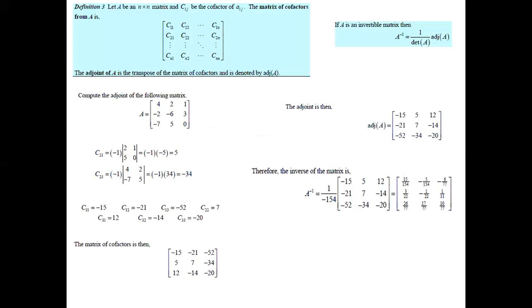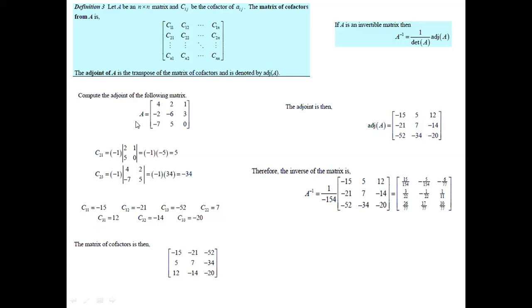If A is an n cross n matrix, that means a square matrix, and Cij are the cofactors, we can write the cofactors as it is written on the matrix on top. You can write this as C11, C12, and so on till Cnn. You first need to calculate the adjoint of this matrix A, and that is nothing but the transpose of the matrix of cofactors.